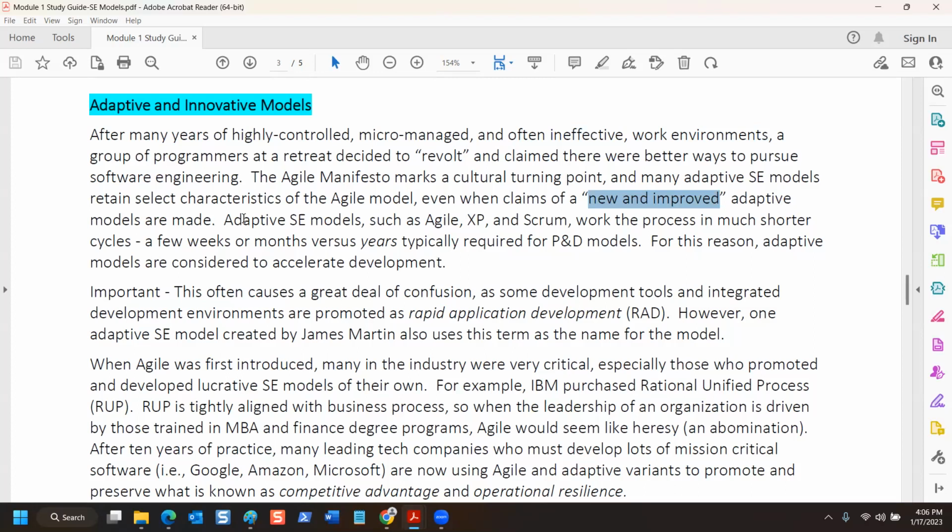New and improved adaptive models such as Agile, XP. XP stands for Extreme Programming. Extreme Programming? Some people call it pair programming.